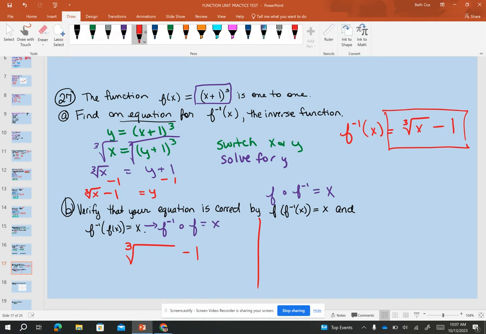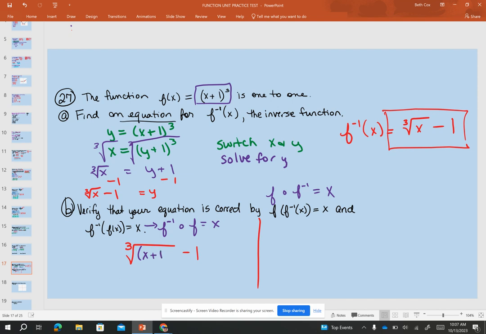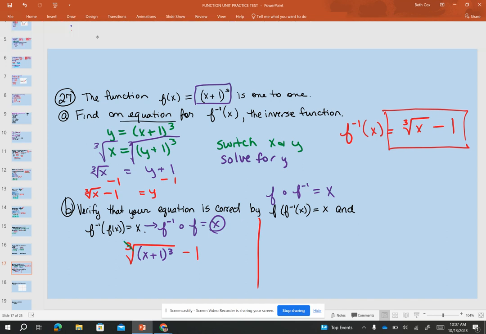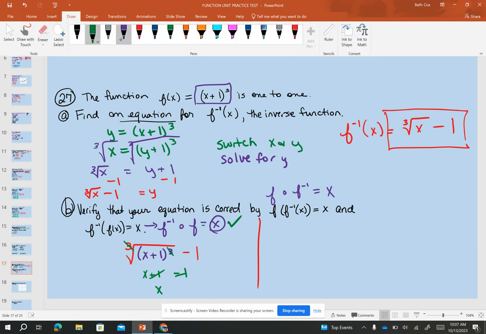And then in the blank, I'm going to put x plus 1 cubed. Okay, so now what's supposed to happen is everything's supposed to cancel out and I'm supposed to get x. So let's simplify it. The cube and the cube root cancel, and I have x plus 1 minus 1, and I get x. So it did verify.